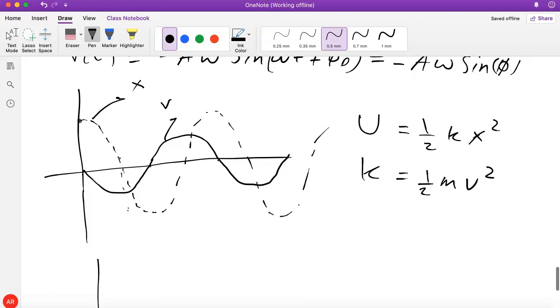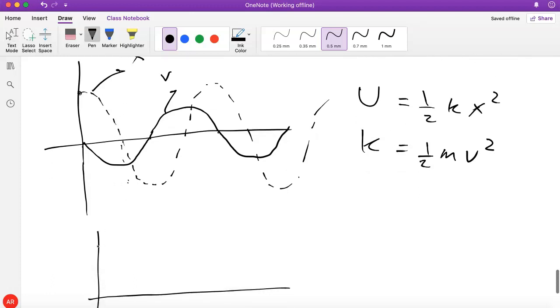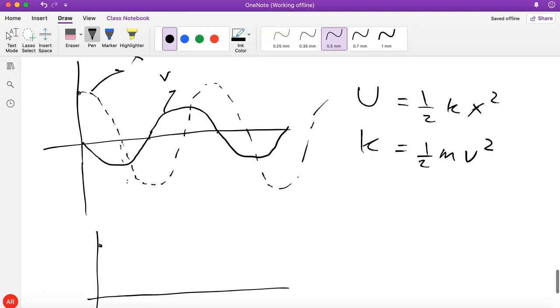It's like this thing squared. So when this is maximum, it has a maximum, then when it is 0, it becomes 0, and then it turns here, right? So it changes sign. Again, the next one is going to be here. It goes up and down.